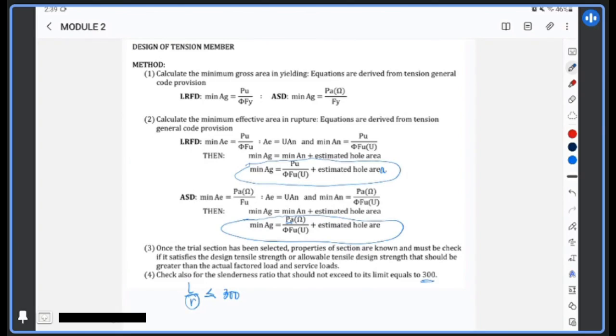If you go to our section database, we have r sub x and r sub y. Ang pinipili natin is, design for tension members.